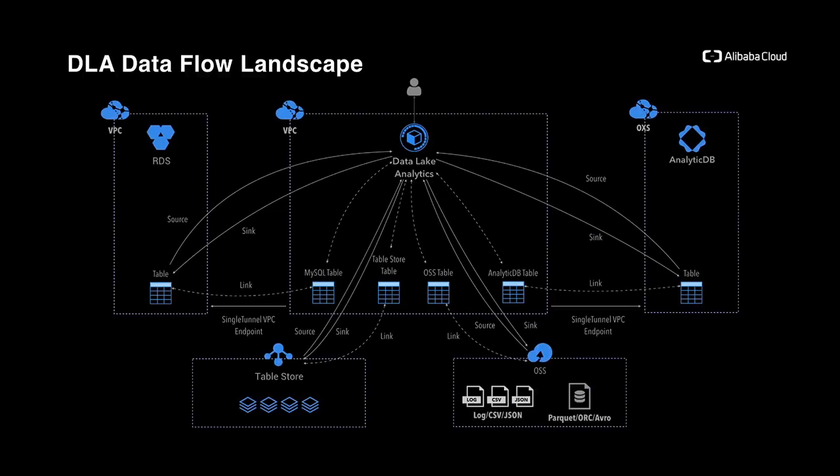This is the DLA data flow landscape today on the public cloud region. DLA will handle the metadata mapping to data sources like OSS, Table Store, and RDS. You can issue a table joining query, which pulls data from OSS, Table Store, or RDS, and write the results back to OSS, Table Store, or RDS.